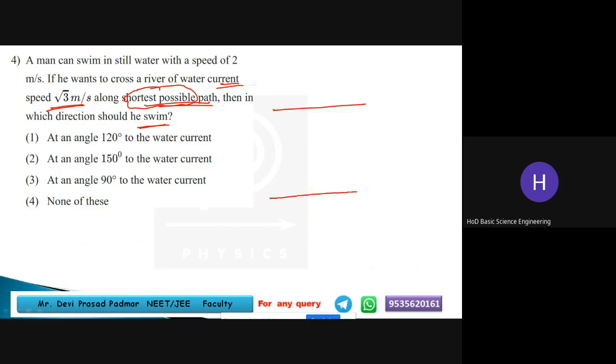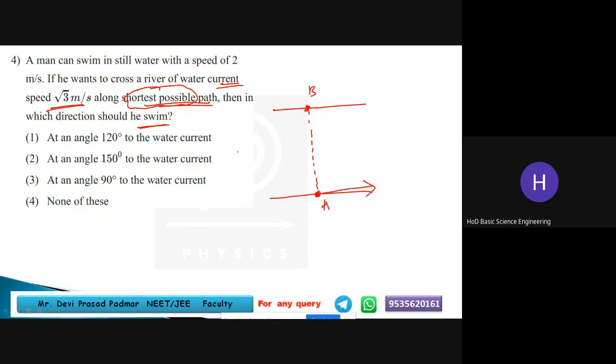So let us consider this as a river. Now he needs to move from here to here. You can name this particular point as A and this particular point as B. So this is the shortest path, right? Now what is the direction of the water current? The water current will be in the downward direction.